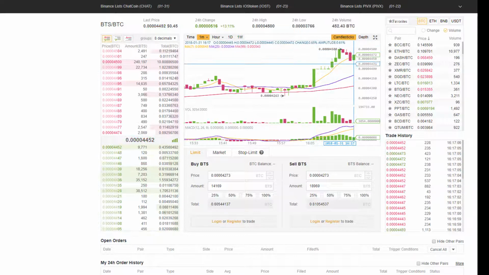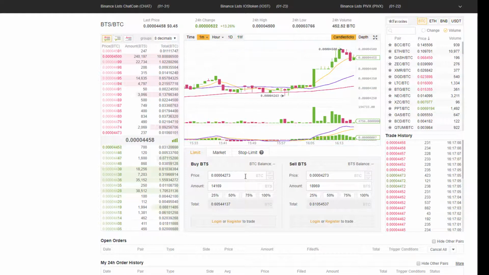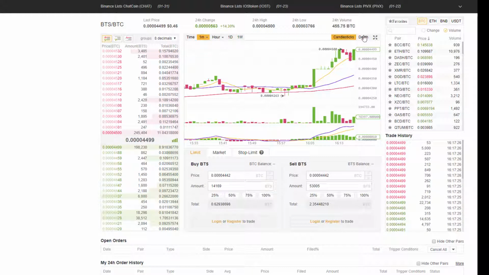I mean, look, it's starting to dip, but it's got a lot of activity here. You could probably, if you're quick, put in an order right here at 4442. And then it's probably going to jump pretty high pretty quick, and then sell, and you can make a quick 1%.